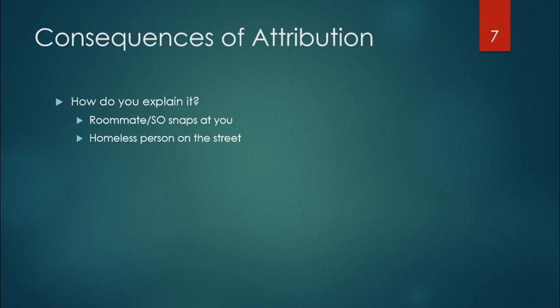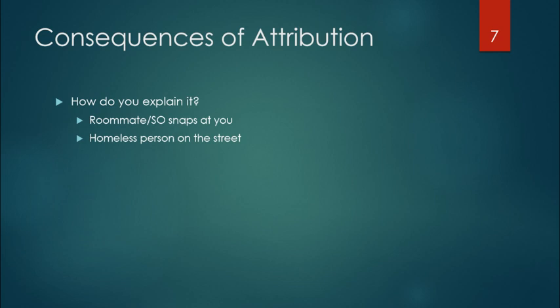Let's say your roommate or maybe your significant other snaps at you. Let's say you jump to a dispositional attribution. Your roommate snapped at you because they're a jerk, because they're just a super angry person deep down. They've just got a black heart, and they snapped at you for no reason at all. They're just an angry person.